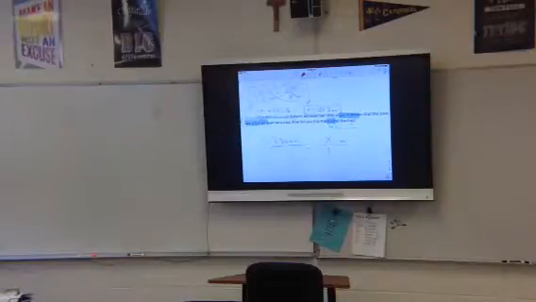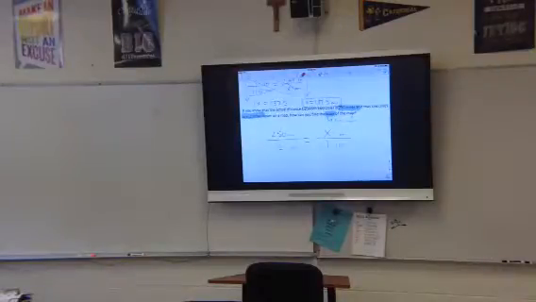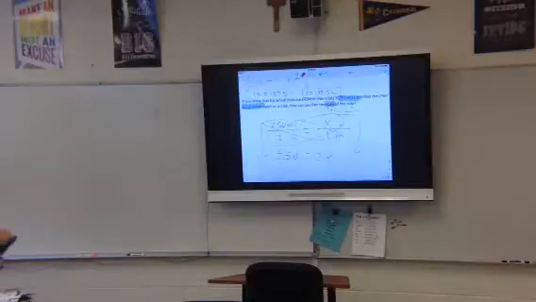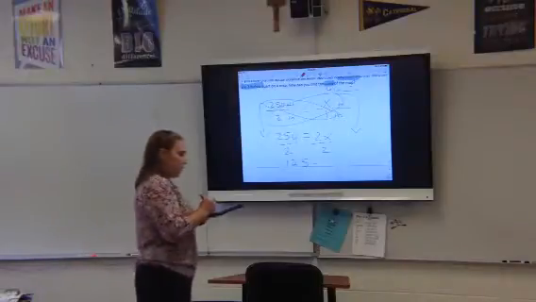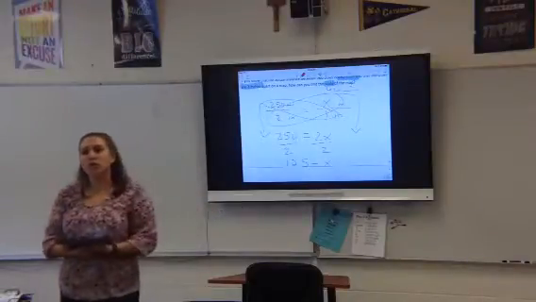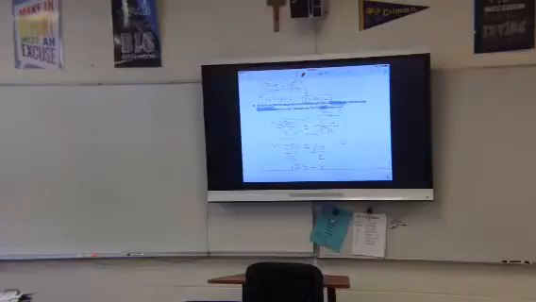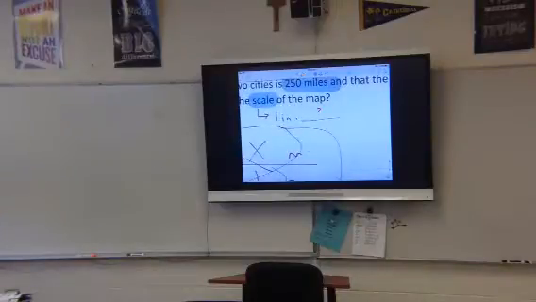Okay, so you're going to cross multiply and get 250 equals 2x. So what do we end up with there? 125. Good, 125 equals x. Okay, so your scale on your map is 1 inch to 125 miles.